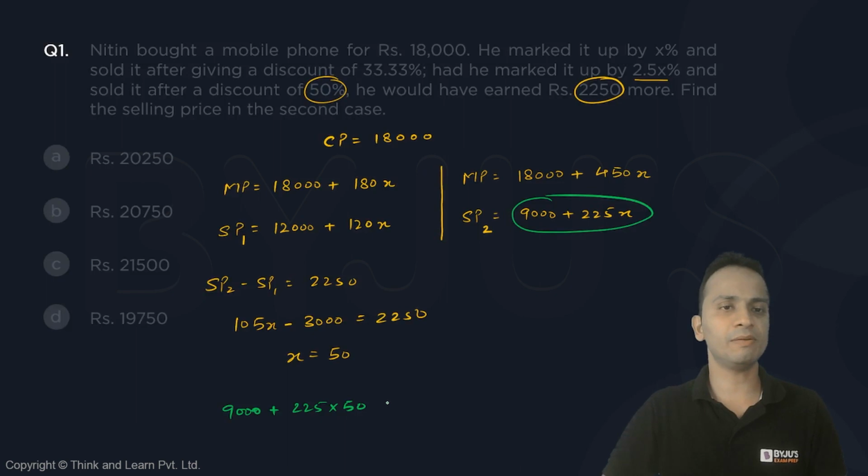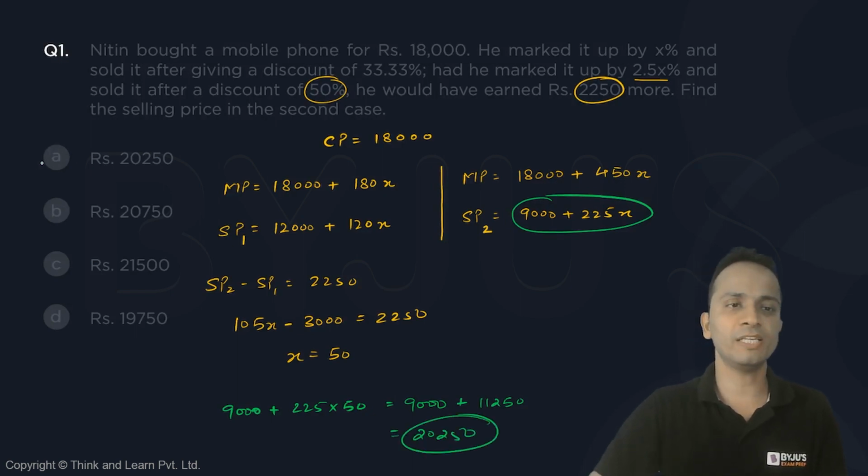So this will be the selling price in the second case. That will be 9,000 plus 225 multiplied by 50. So it will be 9,000 plus 11,250, that is 20,250, which will be the selling price in the second case.